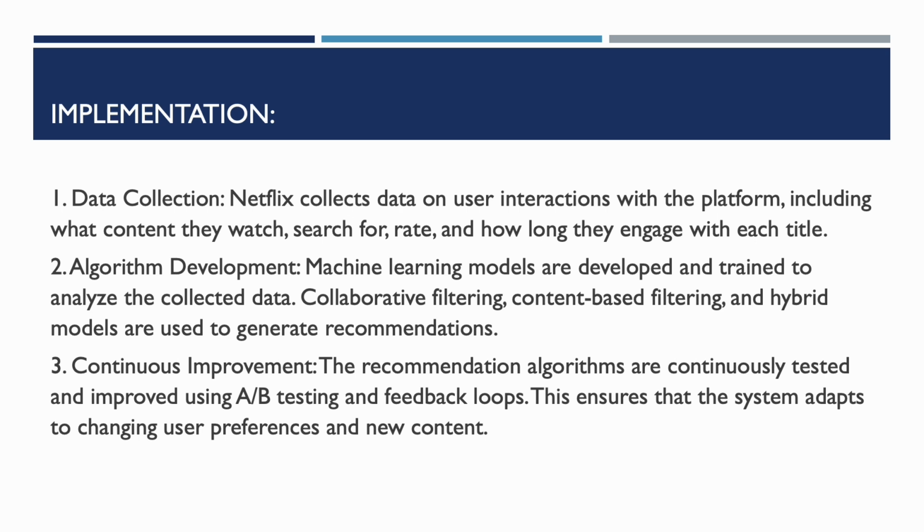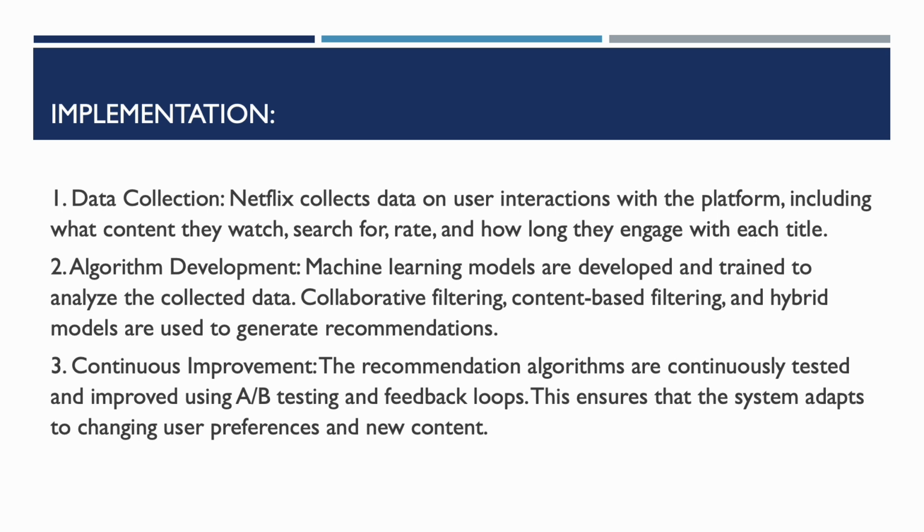So what they did, first they collected data. Netflix collects data on user interactions with the platform, including what content they watch, search for, rate, and how long they engage with each title. Then secondly, they developed an algorithm based on this data. Machine learning models are developed and trained to analyze the collected data.